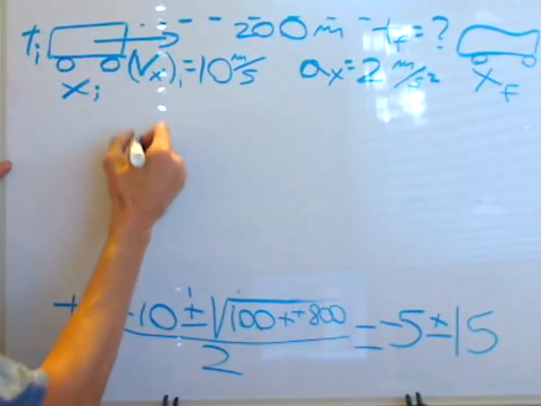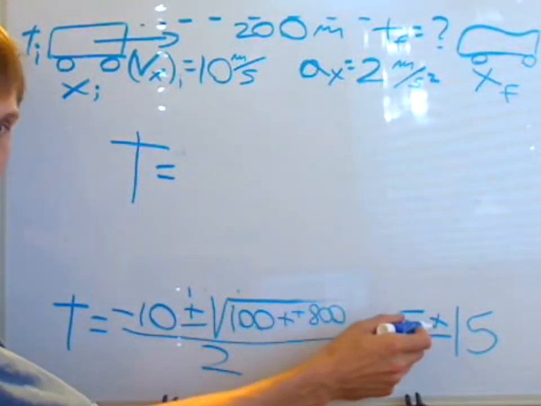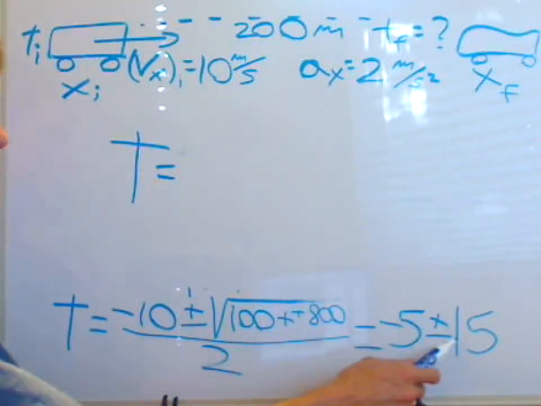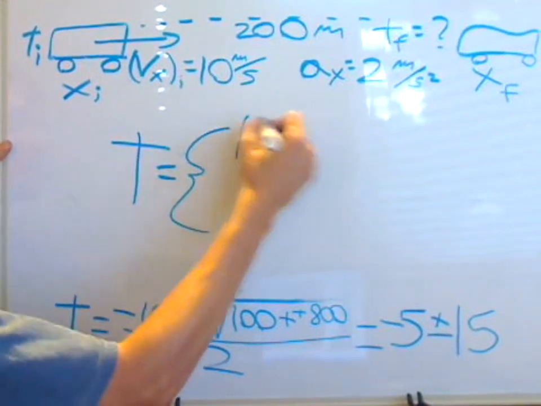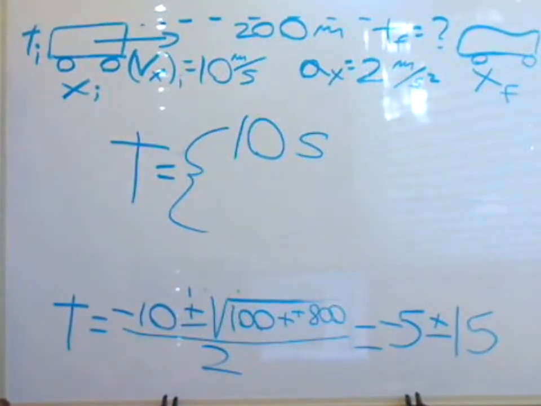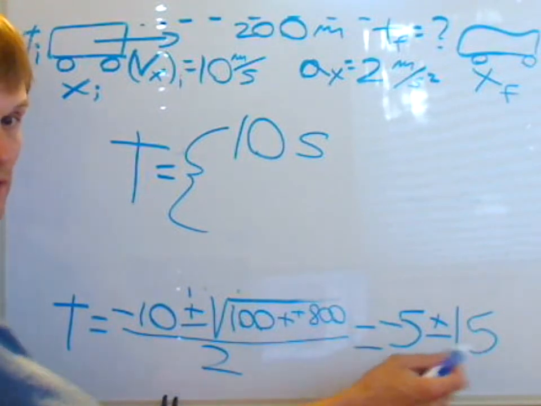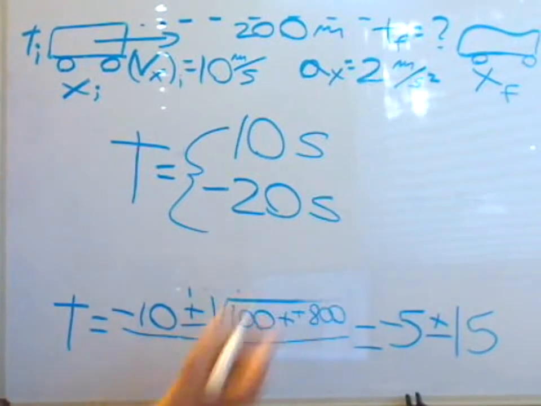We get two solutions, one corresponding to the plus, one corresponding to the minus. Negative 5 plus 15 is 10. So here are our two solutions. The first one is 10 seconds. The other one is the minus: negative 5 minus 15 is minus 20 seconds.